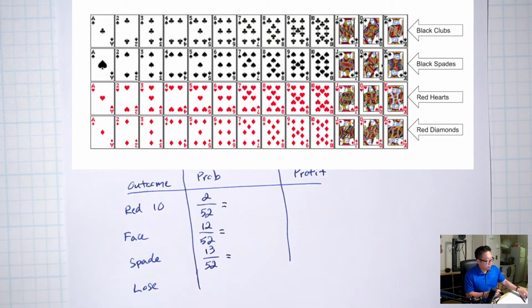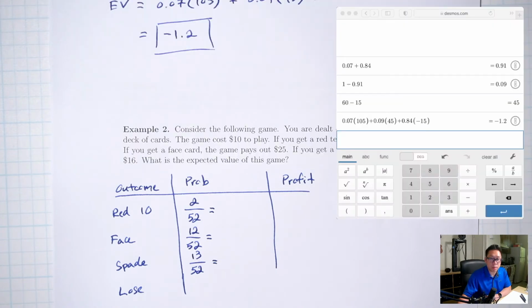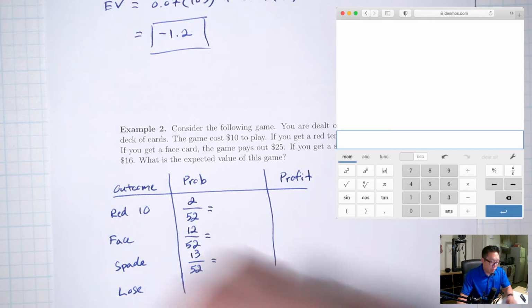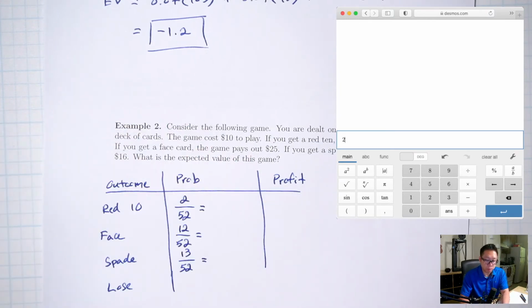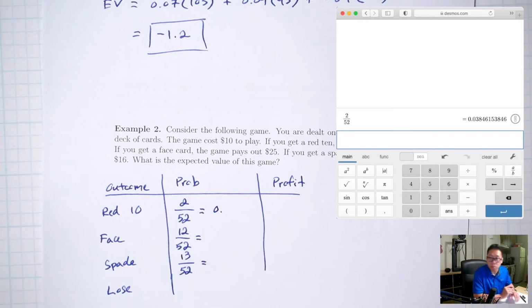Now, to find expected value, we actually need these fractions as decimals. Okay, so on my calculator, let me turn off the cards calculator. All right, 2 divided by 52. Okay, you should get a long decimal. Let's round to 3 decimal places.